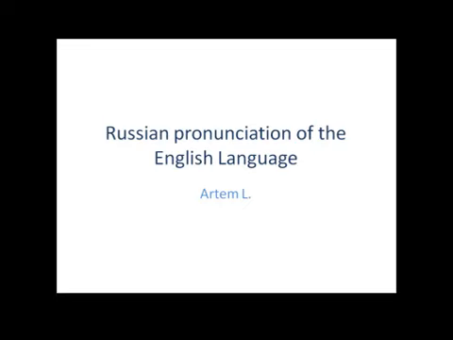But for a native speaker of Russian, this is the easiest way. Sometimes W is more likely to be pronounced in the same way as V. So, for instance, if I would say every, that word would sound like every, with a V, because there is no W sound in Russian.